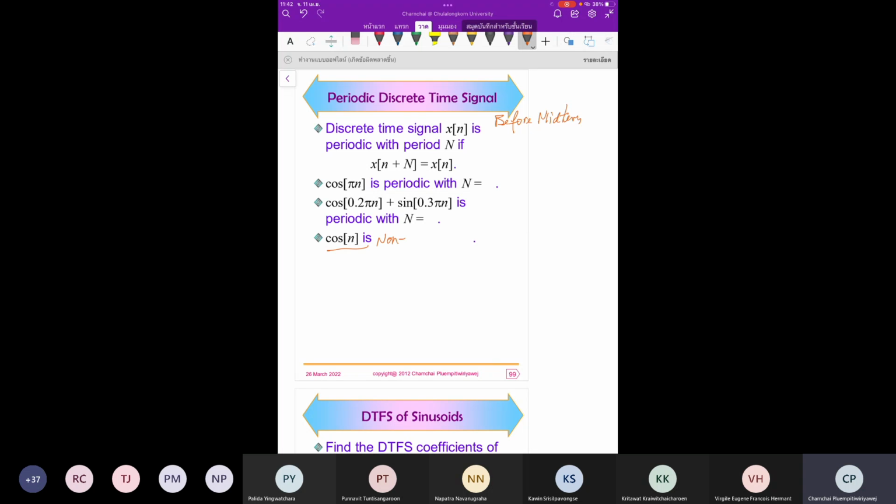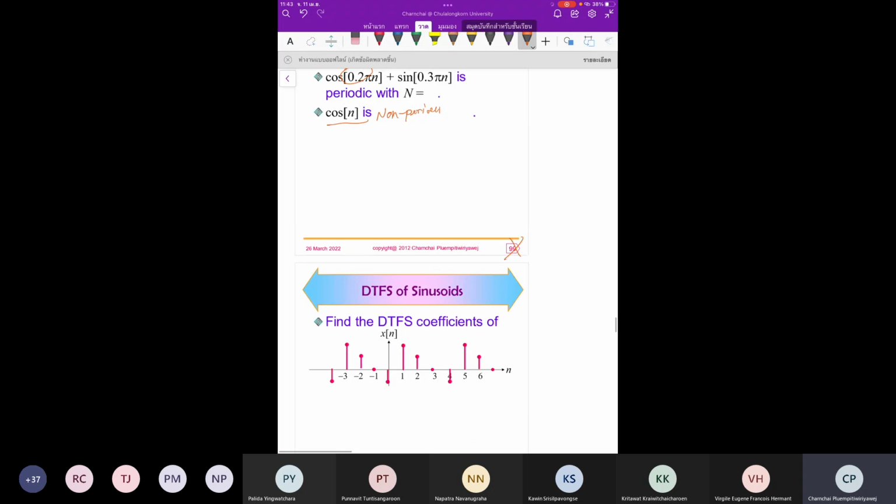It's the same as the one before the midterm. Okay, we can ignore that. This is non-periodic. This one is periodic with some period. What's the period? Capital N. We did in time domain already about periodic functions. Okay, we don't need that.